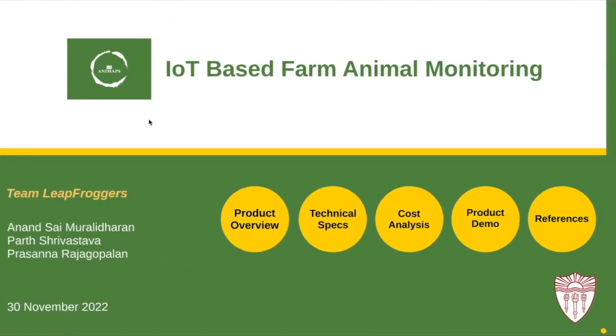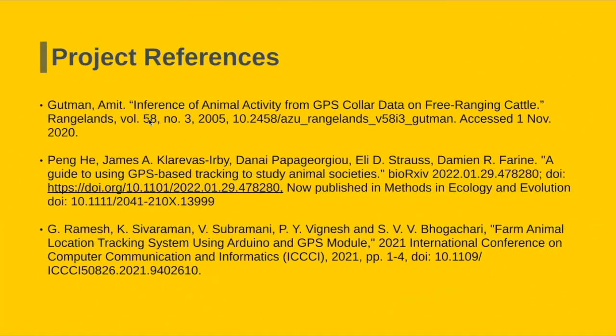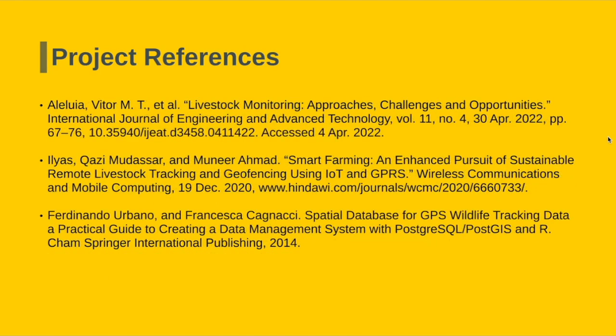So the last part would be our project references. We used multiple research papers. The first ones were just to understand and see if we had a market for our idea, and whether we can use tracking systems for our particular use case for livestock.